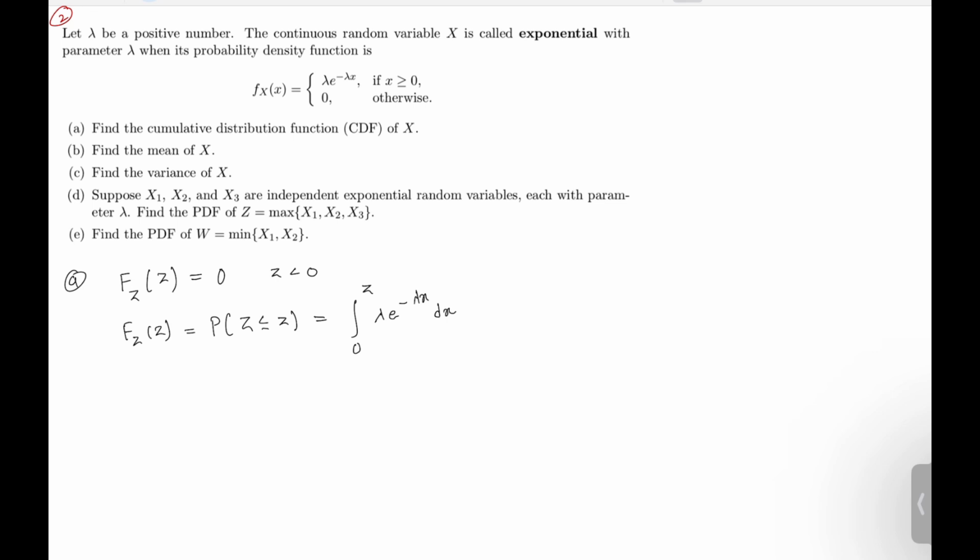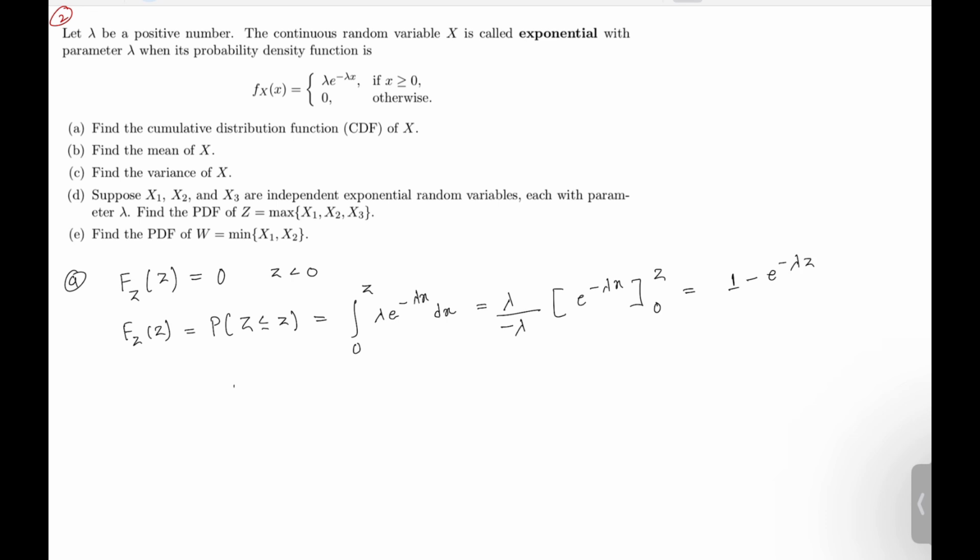So this is simple integration, right? The integration of an exponent would be again an exponent. Once you do the calculation, you will get 1 minus e to the power minus lambda z, right?